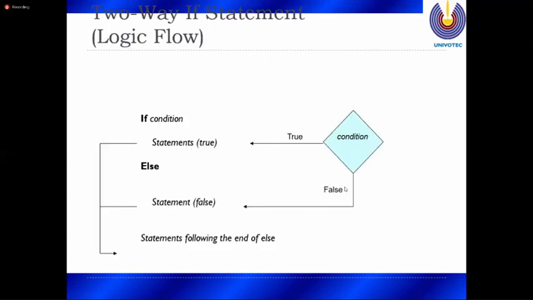Now this is the two-way if statement. If the condition is there, some statement runs here, else another statement here. If the condition is true, execute this statement and come down, and the else part is not executed. If it is false, execute the else part.